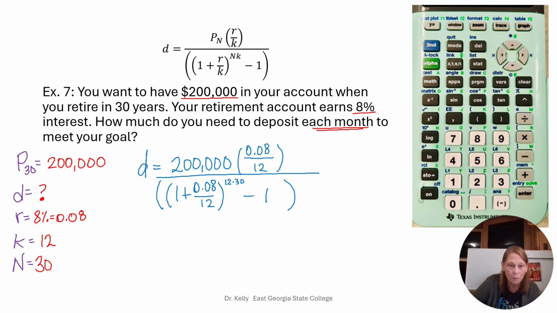I'm going to go ahead and write out that solution. It is $134.20. Okay. And let's get those calculator steps.